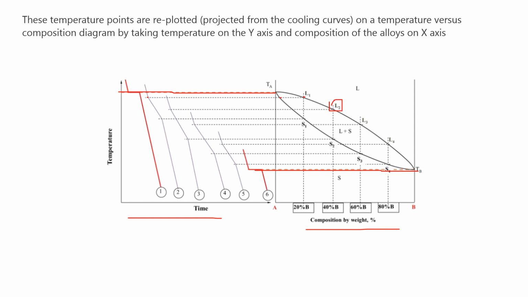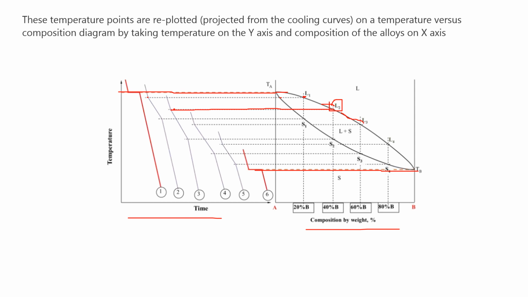For L2, we project it from curve number 3 and get a point at this line, and similarly these points are joined.